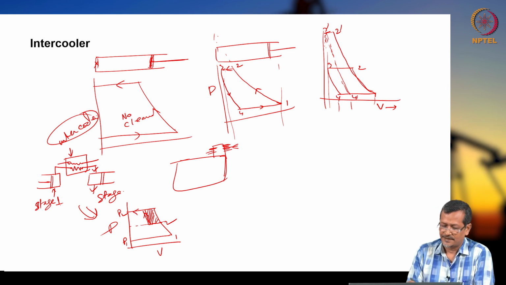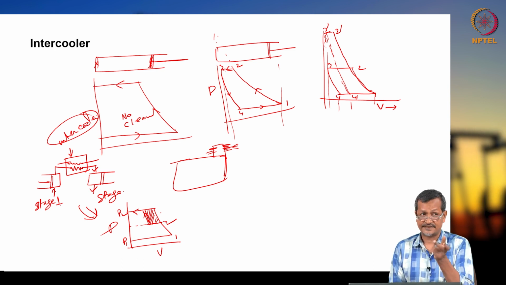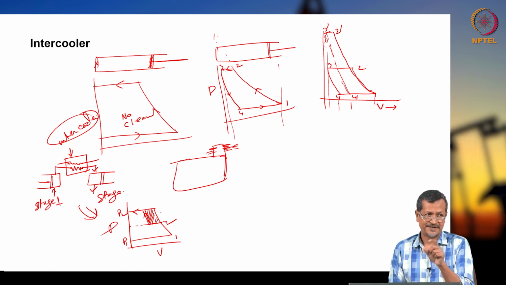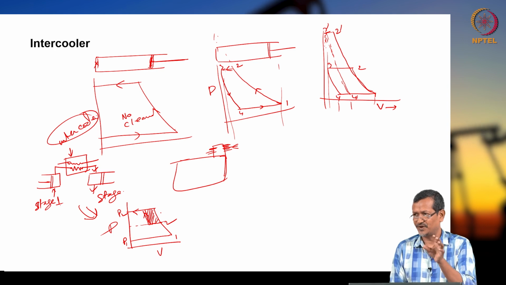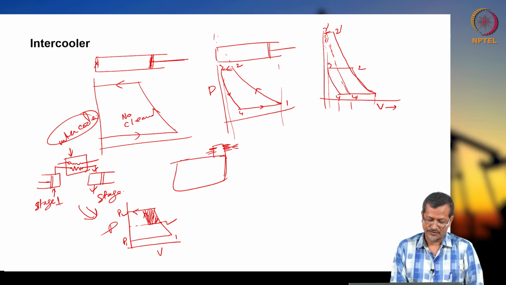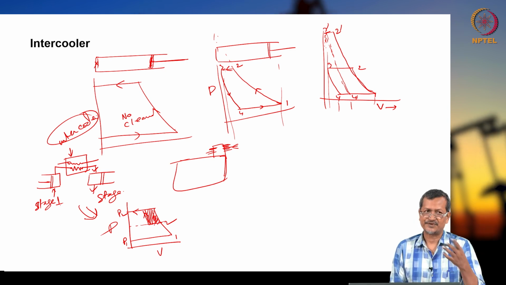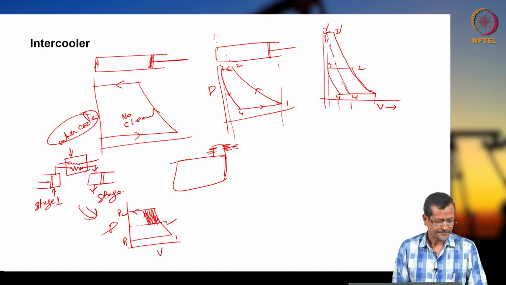okay. So in the PV diagram, P into V, actually this area is called energy, PdV, you can remember the work formula, PdV, that much work you are giving. But if you have an intercooler, this shaded portion is actually saved energy, okay. So your system performance will be increasing, okay.